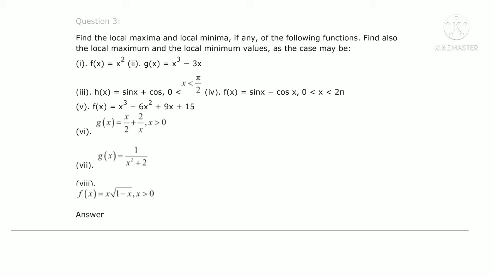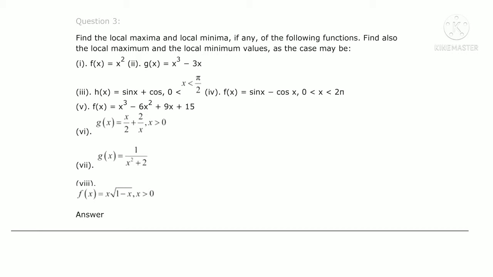Now, one thing you see here, don't get confused. Local maxima and local minima we can find through the first derivative. If the question is solved using the second derivative, that means it is simply maxima and minima. So local maxima and local minima we can find with the help of the first derivative as well as the second derivative.